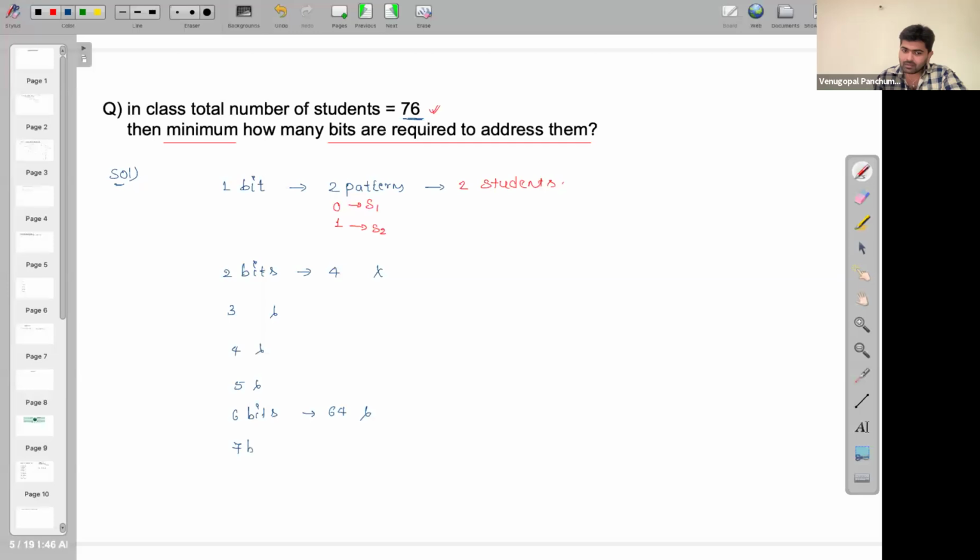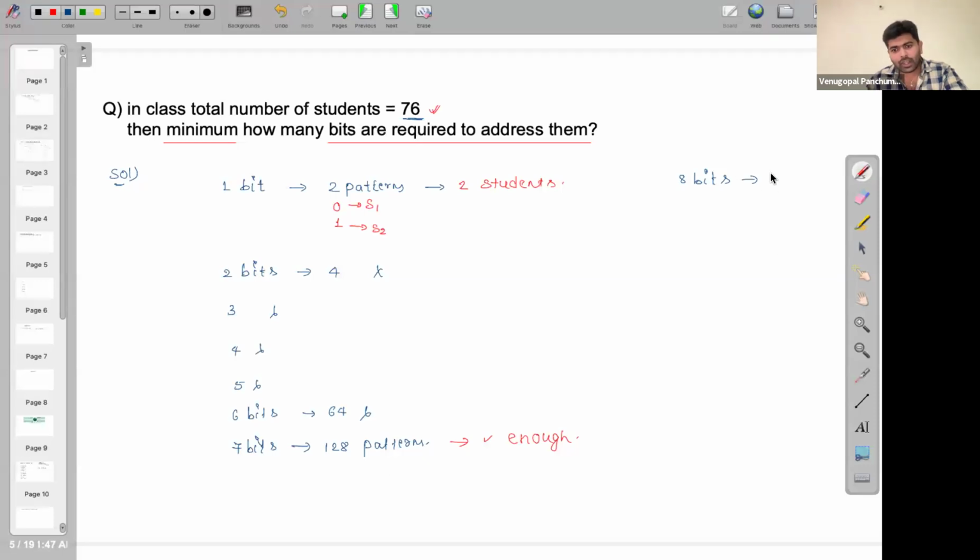With 7 bits, how many patterns are possible? 2 power 7, that is 128. 128 patterns you are going to get. Therefore, 128 students you can address. You want only 76, right? Yes, this is enough. With 8 bits also, can I address 76 students?